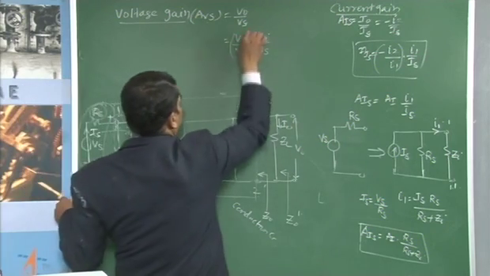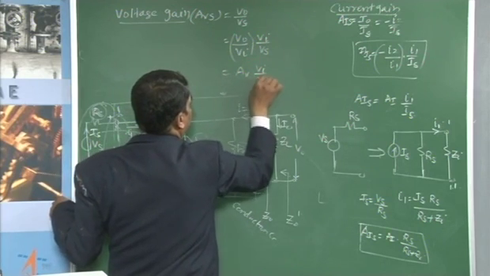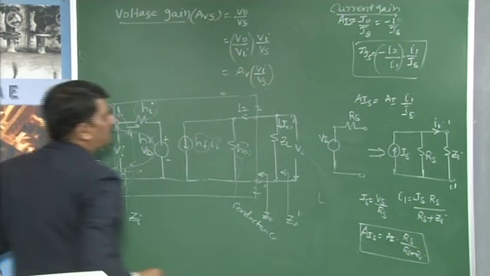By definition, this V0 by Vi is nothing but AV and Vi by Vs. What is this? Next question.